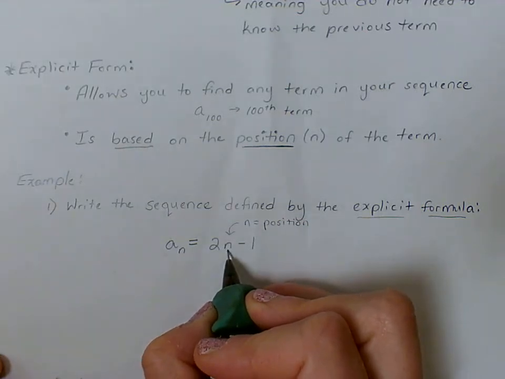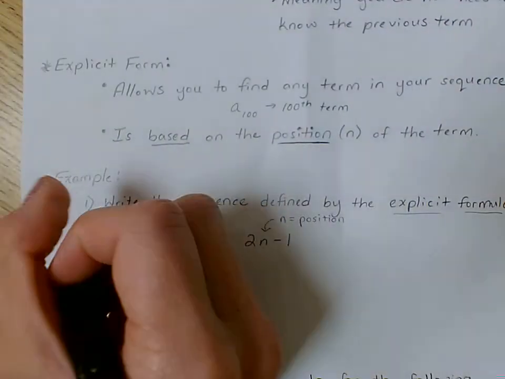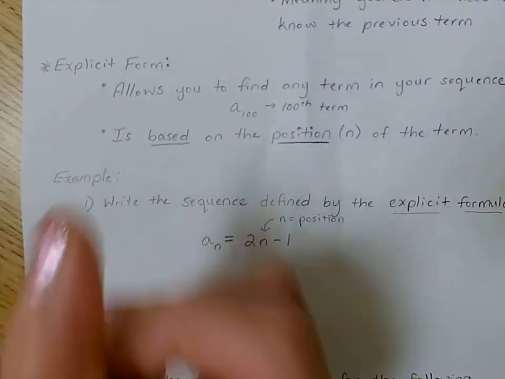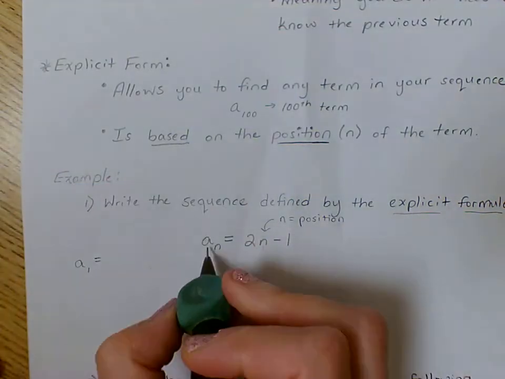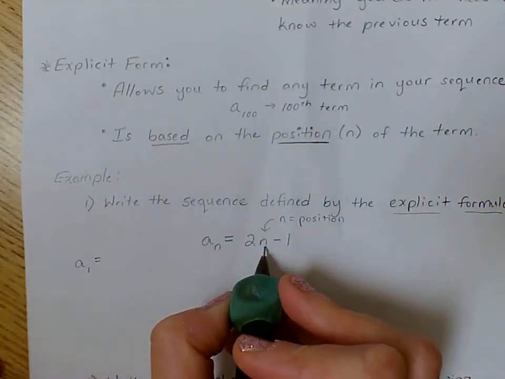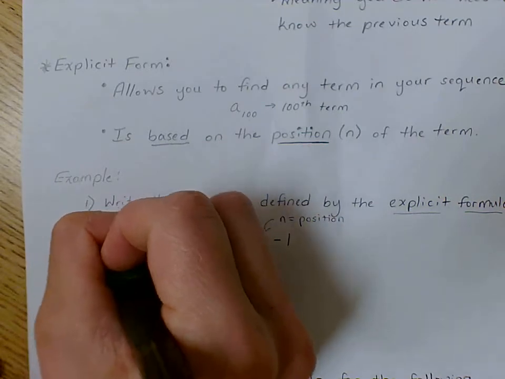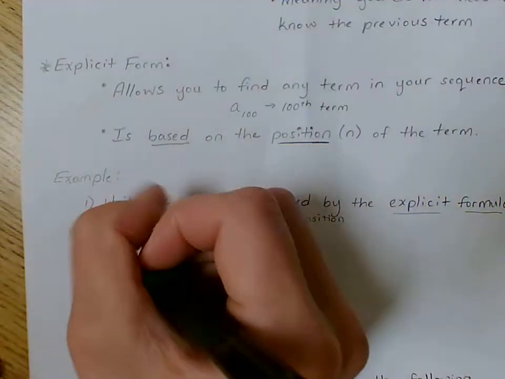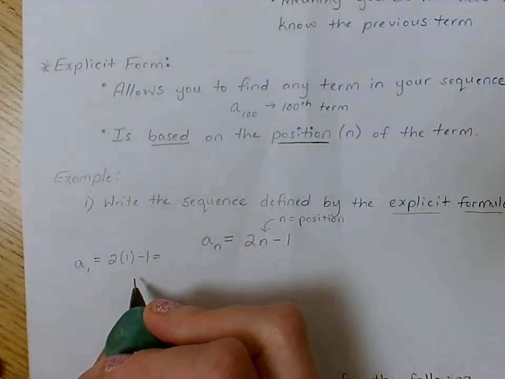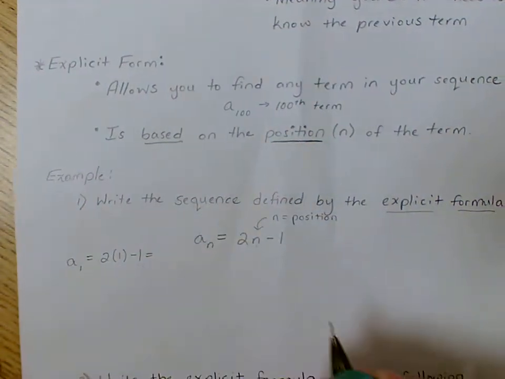So I'm going to plug a 1 in for my n. So I would go to the side, and I'm finding the term that's in the first position. And so that's this part. And then I'm going to plug in a 1 right here. So it'd be 2 times 1 minus 1. And then whatever I get for that would end up being the first term in that sequence, okay?